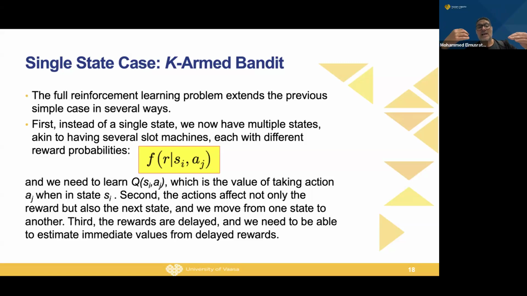S_I are all the states that you will get inside the game, and A_J are all the actions that you can do in each state. And based on this, what is Q? Q here is the average reward that you will get by being in state I and taking action A_J.